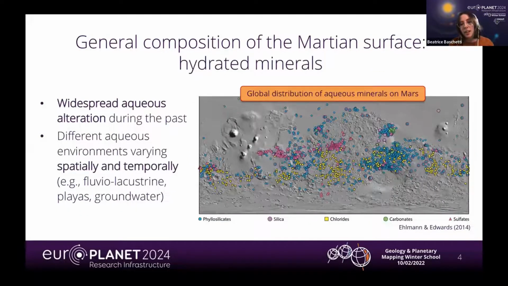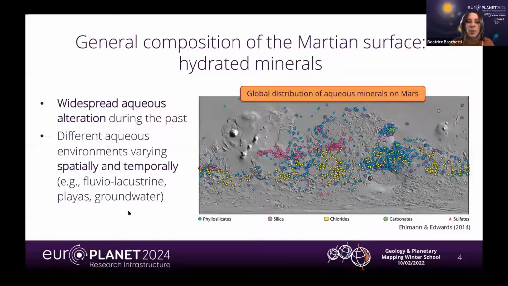The hydrated minerals, so minerals that form by interaction with liquid water, are particularly important because they indicate that Mars once had a past environment that could have been suitable for life. Along with morphological evidence, they indicate widespread aqueous alteration on the surface, and of course their variety also indicates that these aqueous environments have varied both spatially and temporally.